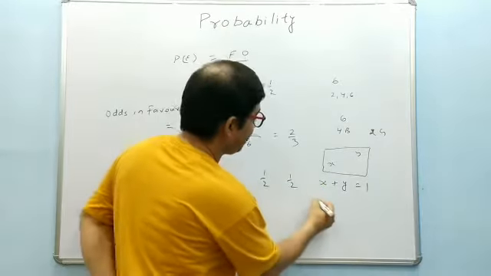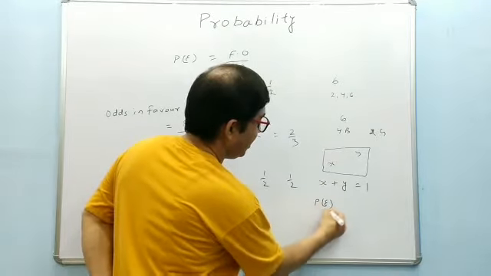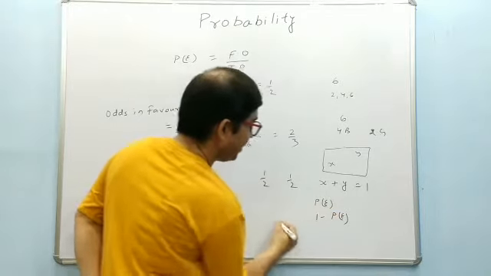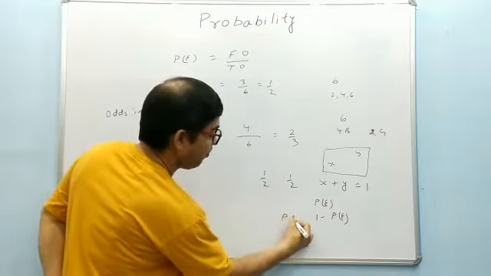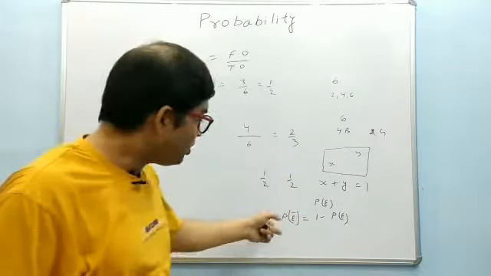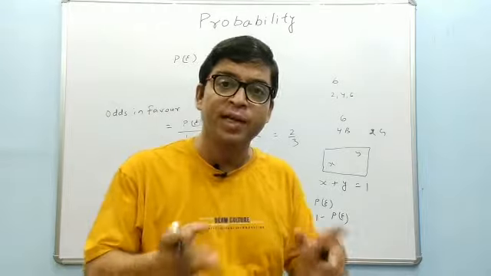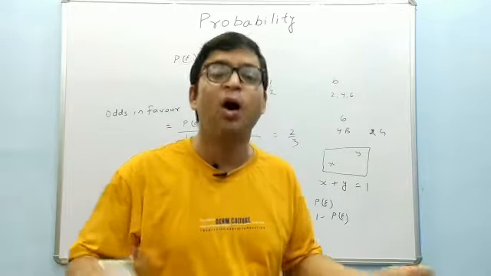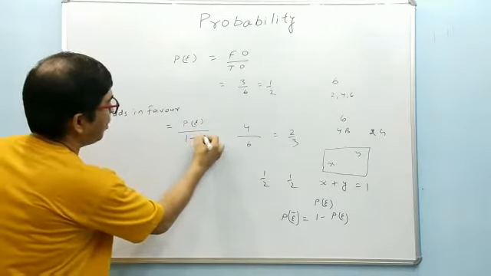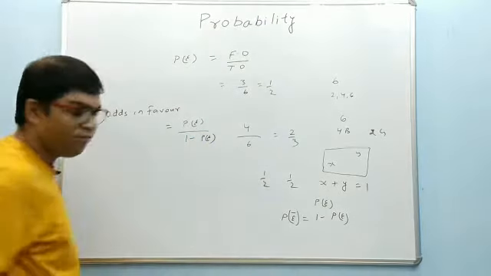If happening is P(E), then non-happening is 1 minus P(E), termed as P(E) dash, the complement of that. Because they are mutually exclusive, either it will happen or it will not happen. So happening by non-happening is odds in favor.